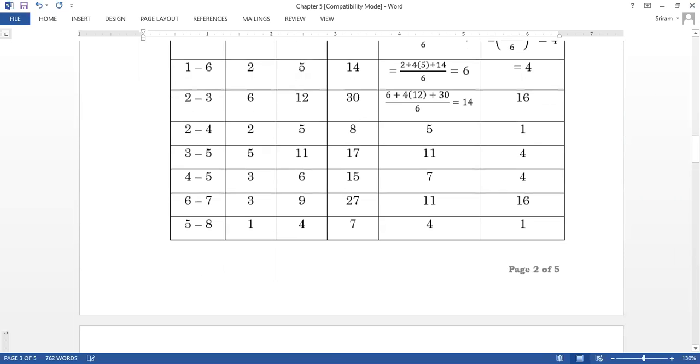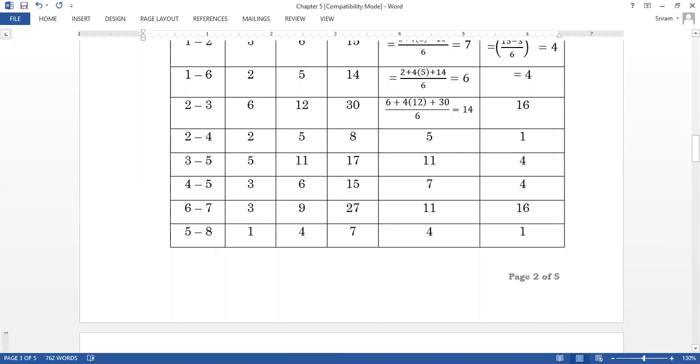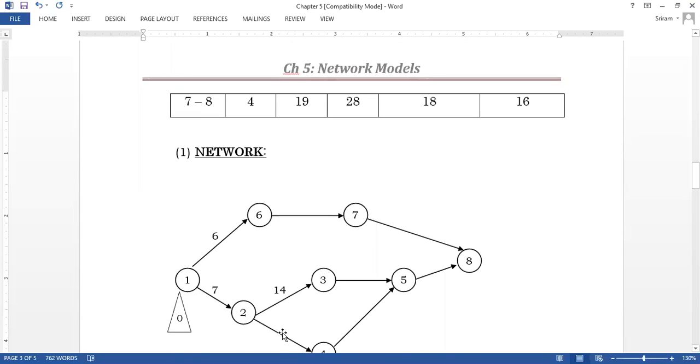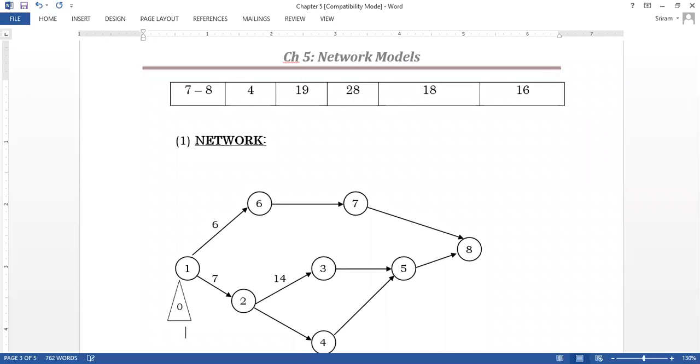Next, I am going to check the next time. 2 to 4 is 5. I am going to take the value for 2 to 4 as 5. So I need to bring it to the next line.